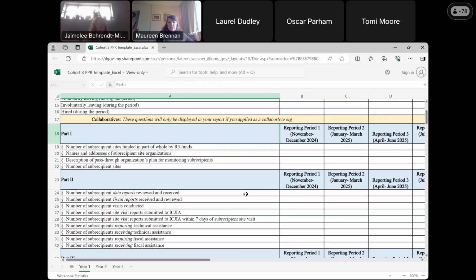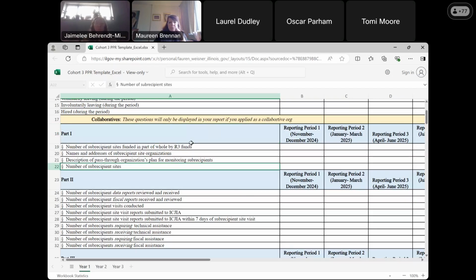Are you having them submit data? Are you doing site visits? What exactly are you doing to be able to monitor that? And then how many subrecipient sites are actually included in this? It might be 3 subrecipient sites are funded, but one of these sites has 2 sites themselves, and so that's going to be 4 instead of 3. So we can understand that.